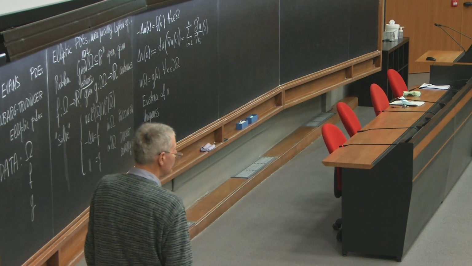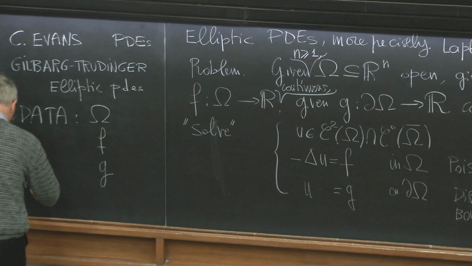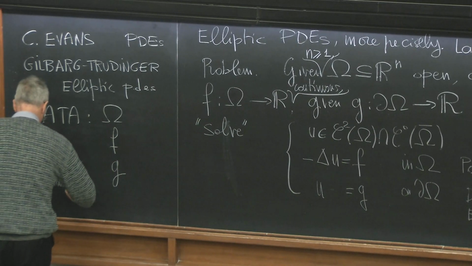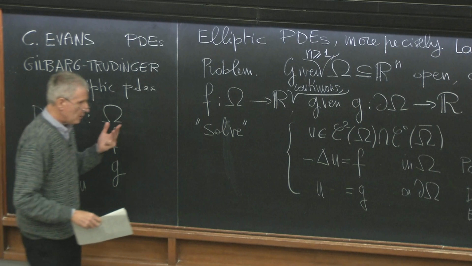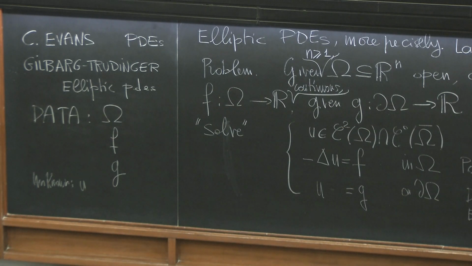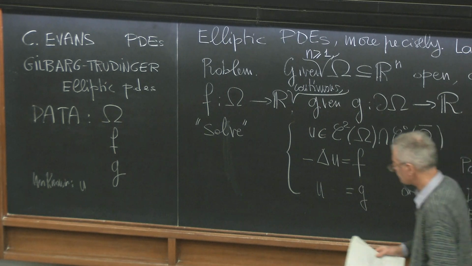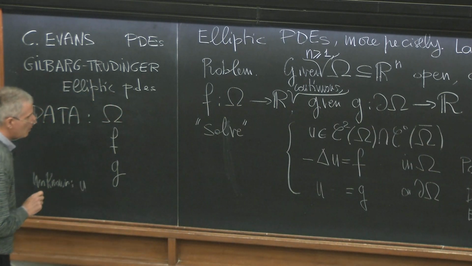From this data, we are looking for the unknown u. And we will see that we will need some conditions on the data in order to have a solution, in order to speak about existence, uniqueness, regularity. Okay, this is a difficult problem.